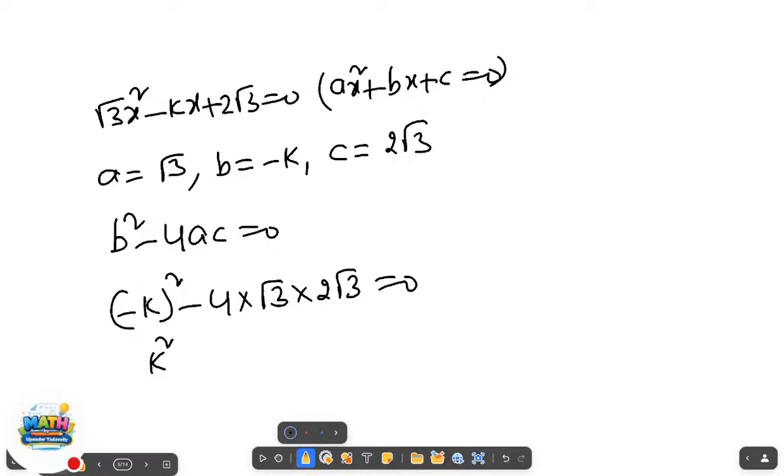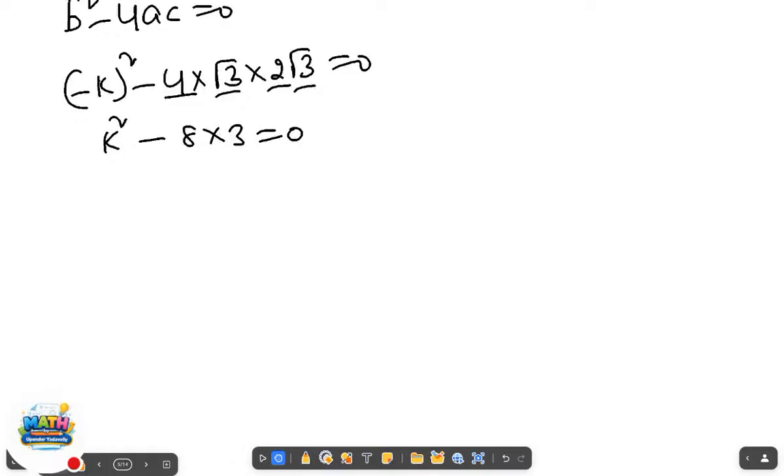Next multiply minus 4 into 2 is minus 8, root 3 into root 3 is 3, equals 0. So k square minus 8 into 3, that is 24, equals 0. Send minus 24 to the right side. Now k square is equal to plus 24.